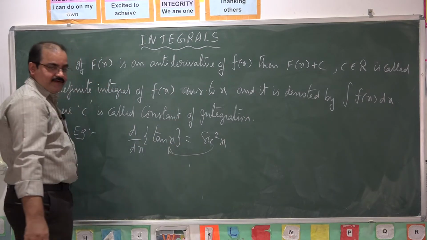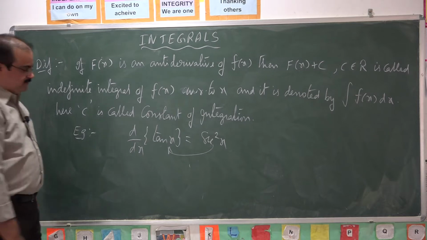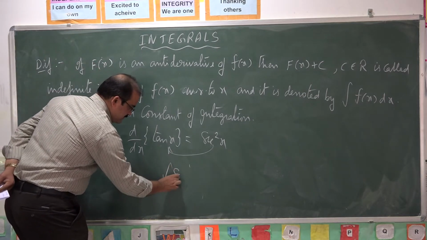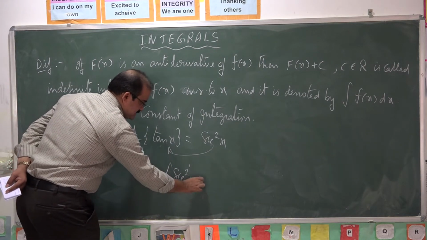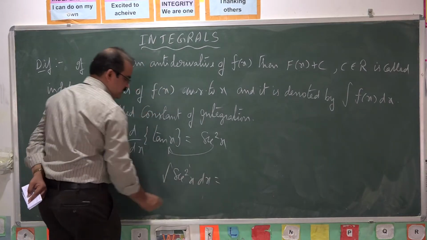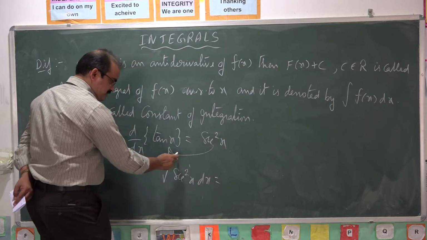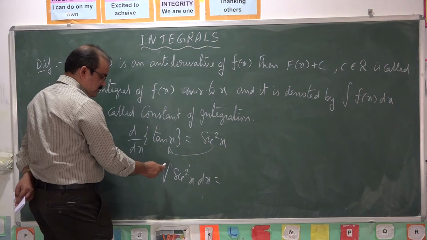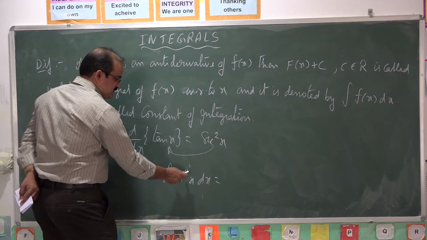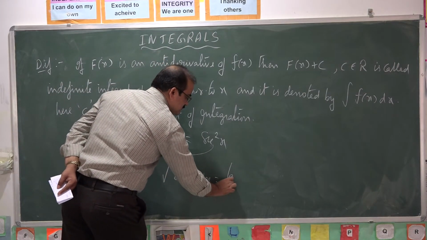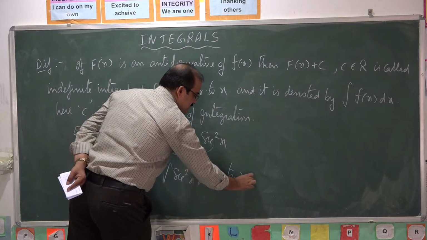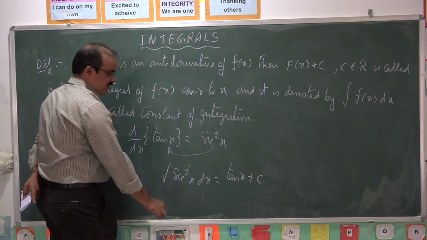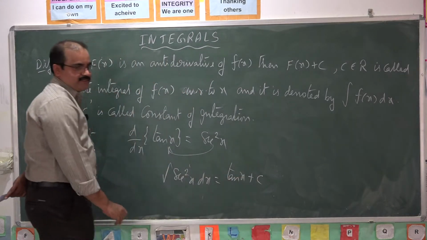That antiderivative is called integral. So integral of secant square x dx is equal to the antiderivative of secant square x, which is tan x. So integral of secant square x dx is tan x plus c, where c is the constant of integration.